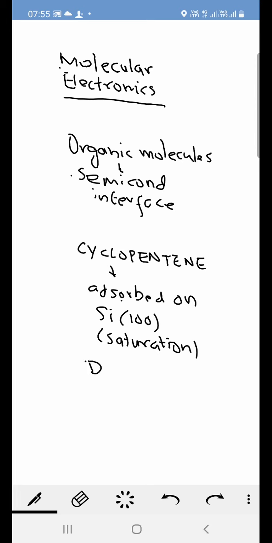So desorption at reduced probability. Now this is for cyclopentene, but the desorption rate depends upon a lot of things, and might not be the same in other organic molecules.